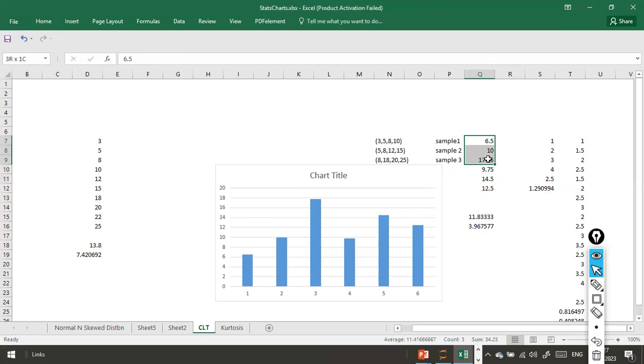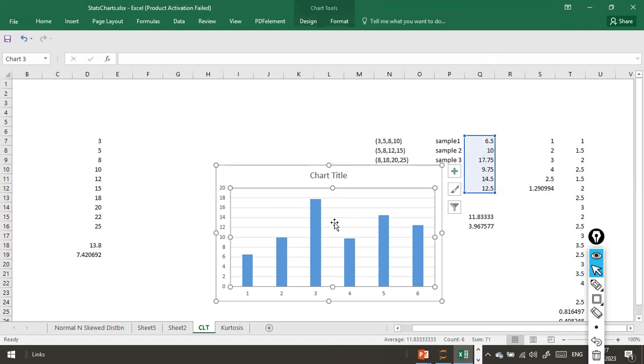When you plot the sample means, it becomes approximately normal. So we randomly sampled the data from the population and calculated the mean for each sample. With these 10 data points in the population and small samples, each sample size is 4 only, you can see some kind of normal distribution.